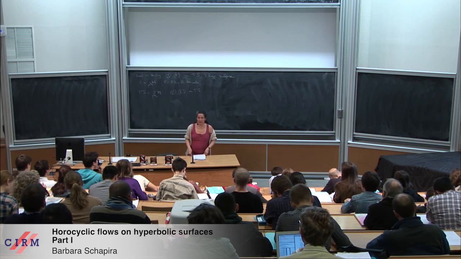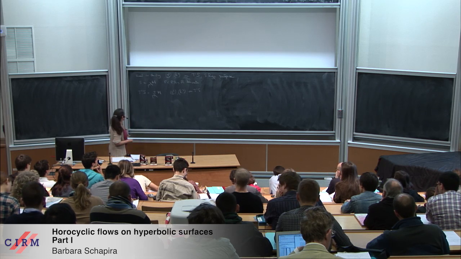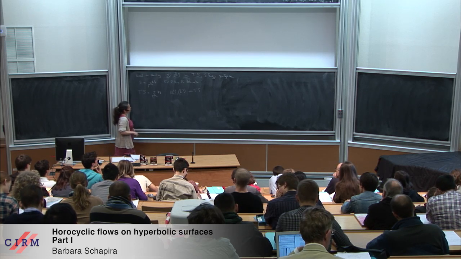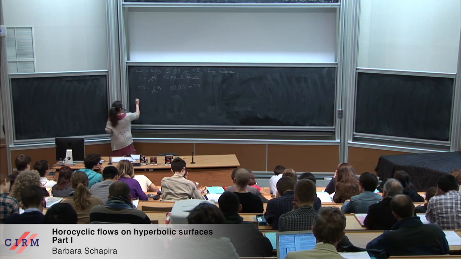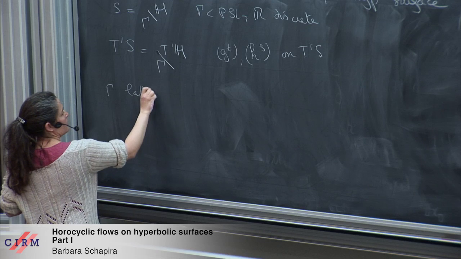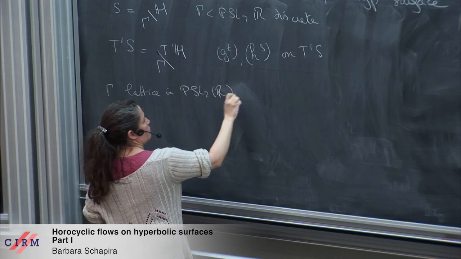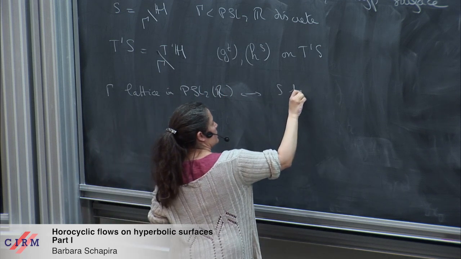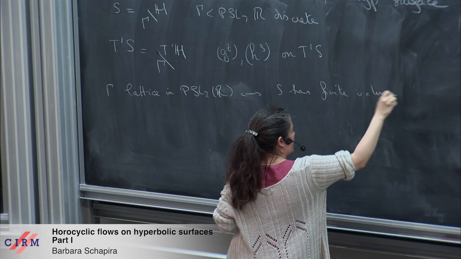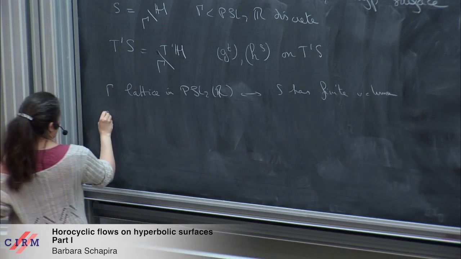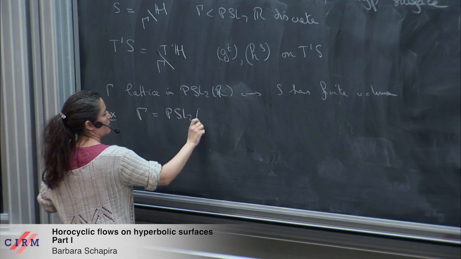It's classical in dynamical systems or in geometry to look at lattices. So saying that gamma is a lattice in PSL2R is equivalent to saying that S has finite volume. And the typical example is when gamma is PSL2Z.